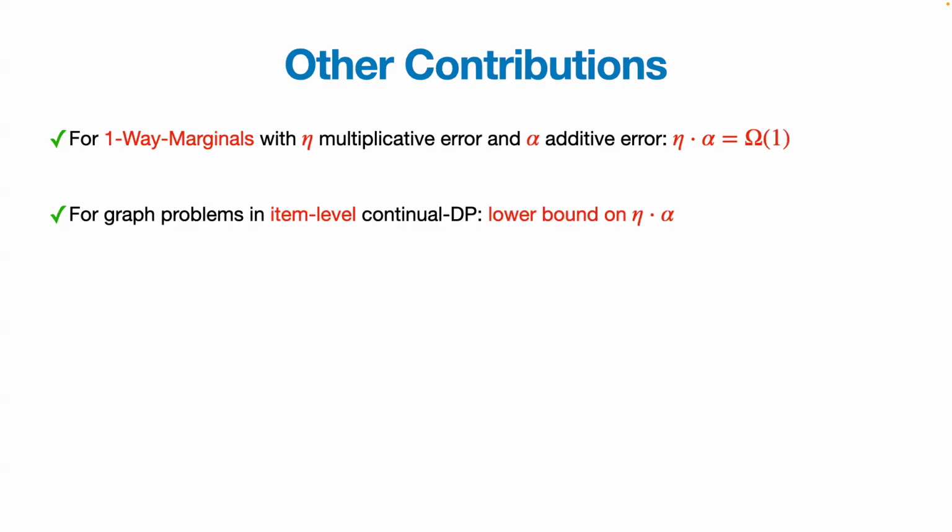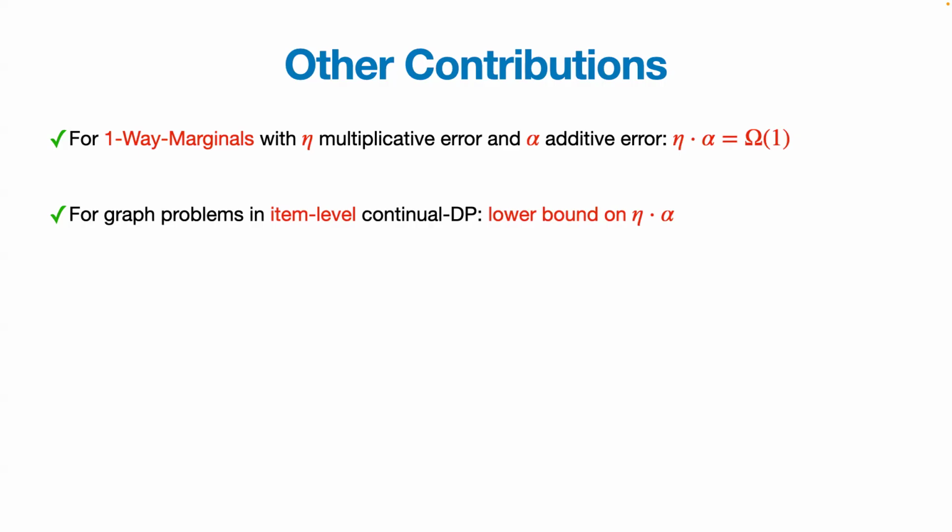Also, I forgot to mention that 2 instances of this problem are neighboring if one entire row is different. The previously known lower bound for this problem was that the additive error alpha has to be omega 1. We showed that the same omega 1 lower bound holds even for eta times alpha, where eta is the multiplicative error.